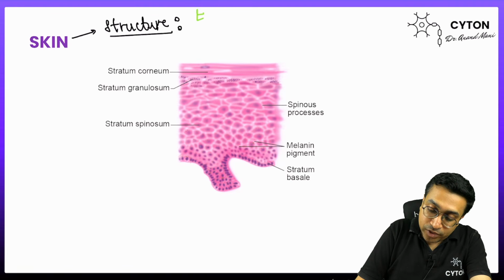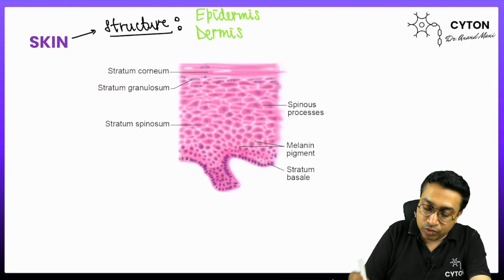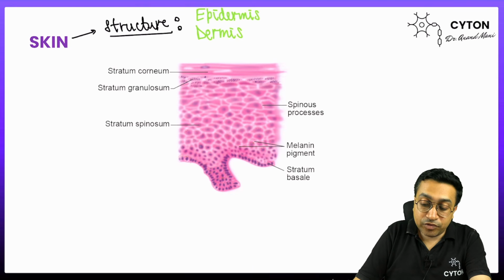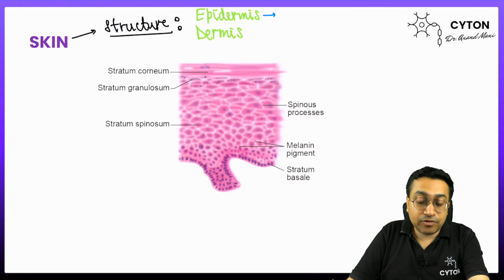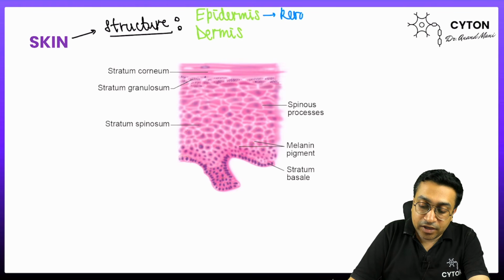So it has two layers, the epidermis and the dermis. Primarily speaking, these two only. The epidermis is the superficial layer, obviously, and it has keratinized stratified squamous epithelium.